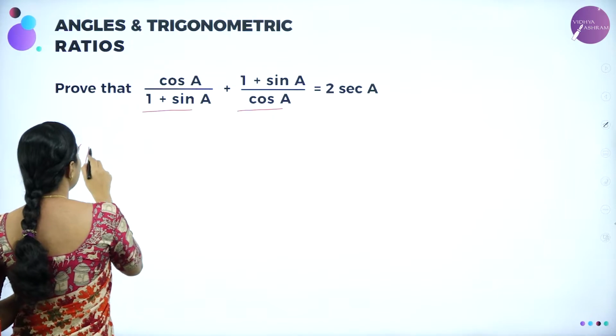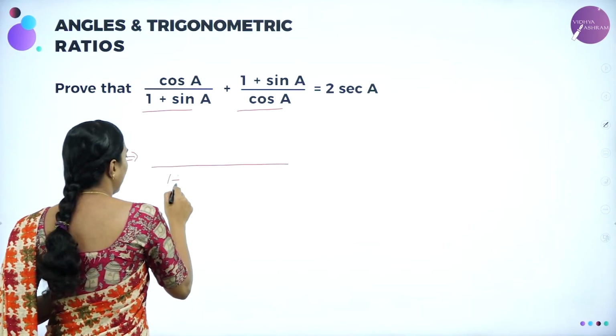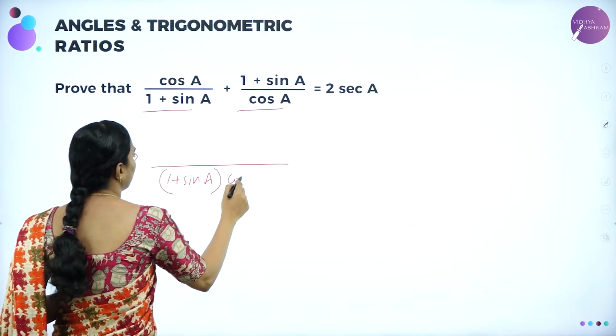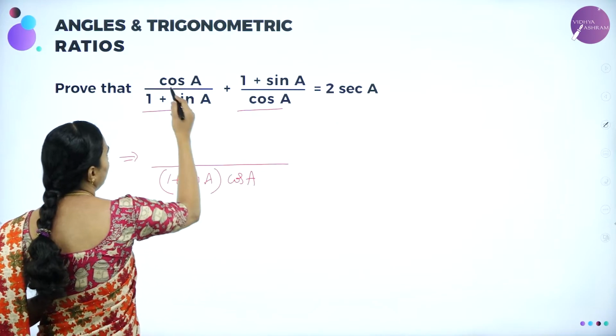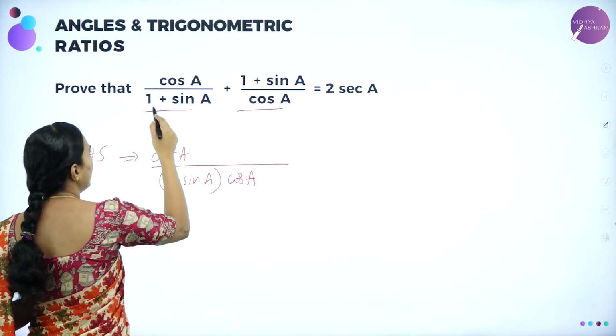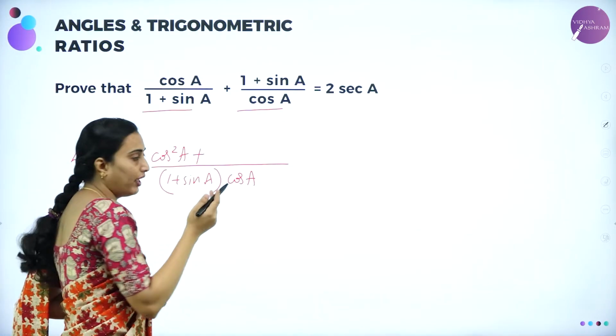Therefore, taking LHS and LCM as 1 plus sin A into cos A. Now cos A will be multiplied here, which will become cos squared A. Again, 1 plus sin A into 1 plus sin A is 1 plus sin A whole squared.